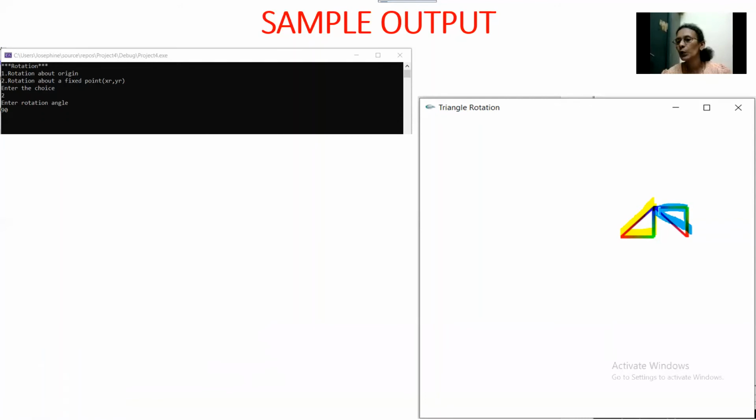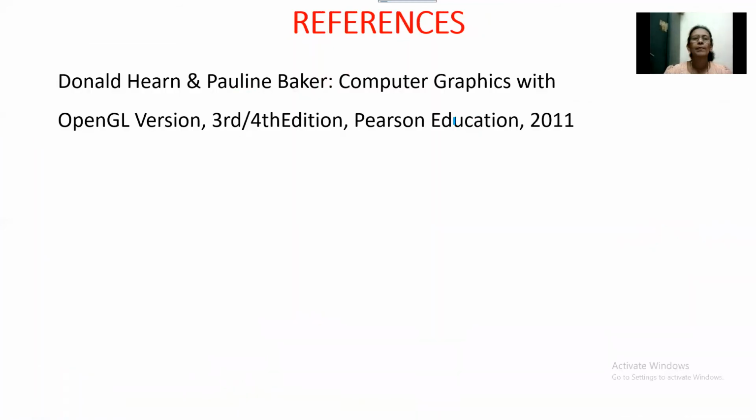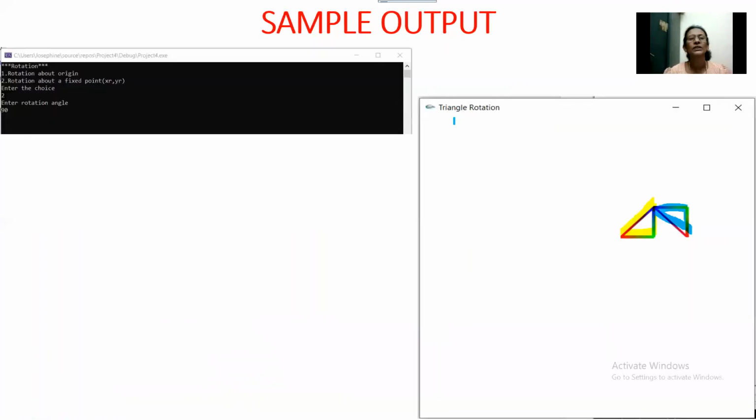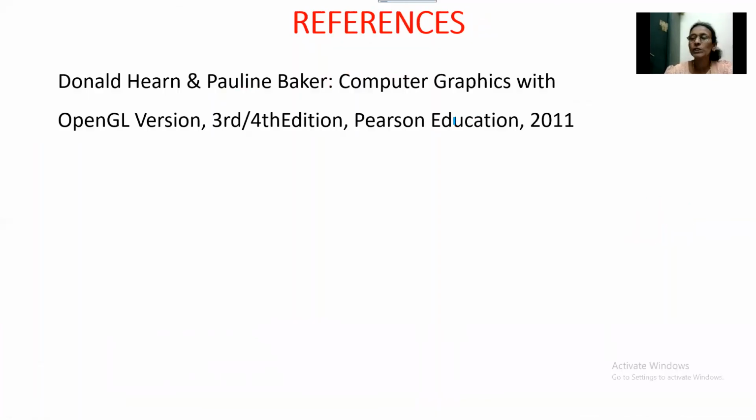You see that this point 20, 20 remains fixed. So this completes our implementation of the second program, rotation about origin or rotation about a fixed point. Thank you.